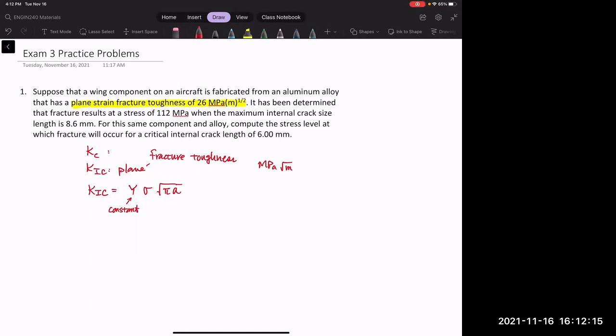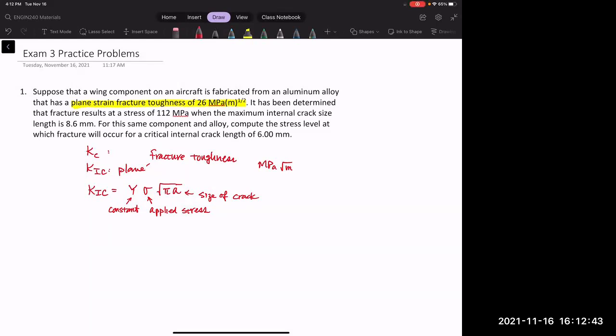The sigma here represents the applied stress, or the surface stress. The a represents the size of the crack. When we talk about the size of the crack, you have to know whether it's internal or external.